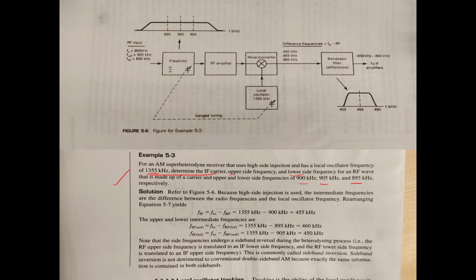So you see that here the RF frequency is given as 900. If you draw it again, I like to draw like this. This is 900, this is 905, this is 895. This is frequency.